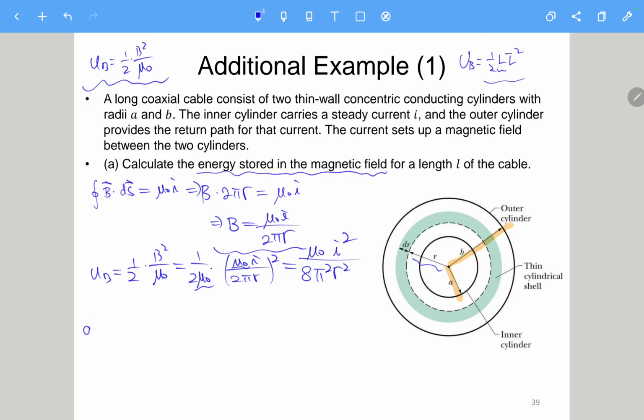Okay, so dUB will be UB times dV. V is the volume. So this is nothing but mu 0 I squared over 8 pi squared r squared, and then dV. And then this is actually the cylindrical coordinate.